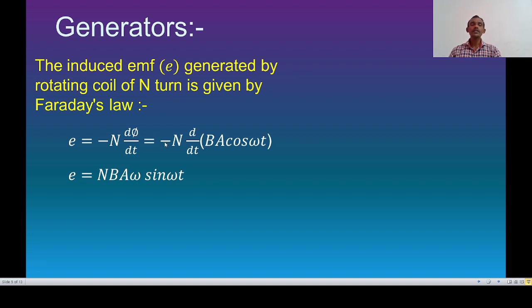This minus sign and this minus sign cancel out, and therefore we get E is equal to NBA omega into sine omega t. This is the important formula. E is equal to NBA omega sine omega t.